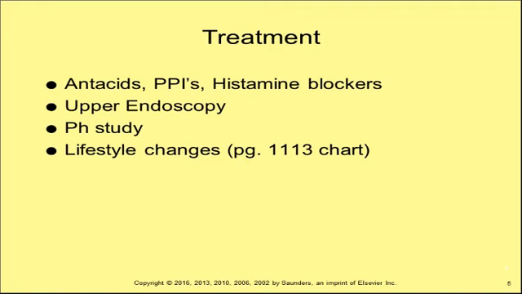A couple of complications that can occur are strictures. Strictures are narrowing of the esophagus, so the esophagus doesn't have as much room for the food to go down. Barrett's esophagus is another complication. It results from excessive exposure to the acid and pepsin. Barrett's esophagus is where, when that tissue is healing, the tissue can actually have changes.